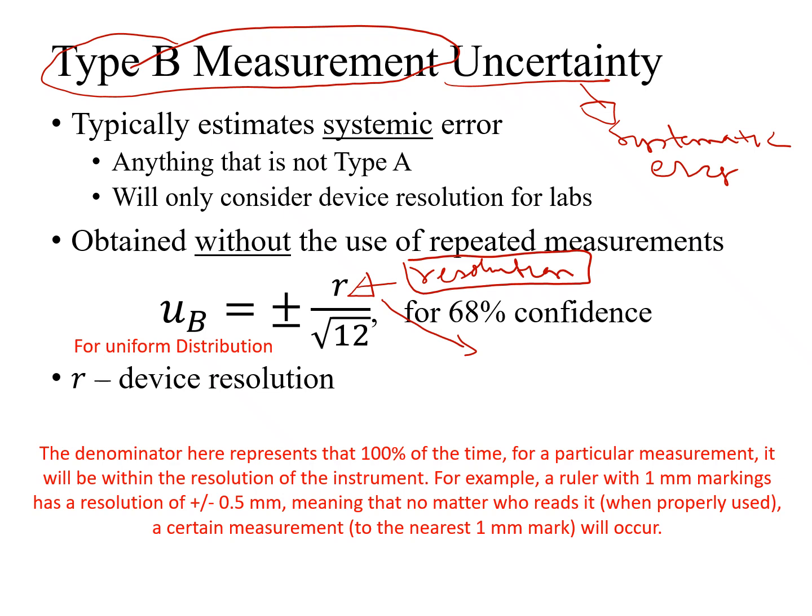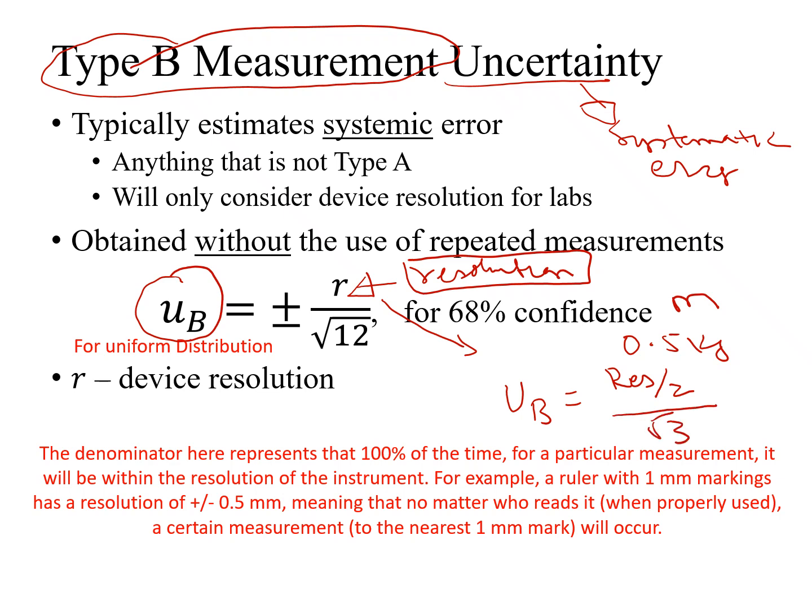So if you have an instrument, a vernier caliper or a mass measuring instrument, if the resolution is, let's say, 0.5 kg for mass measurement, then your type B uncertainty would be resolution divided by 2 and then square root 3.